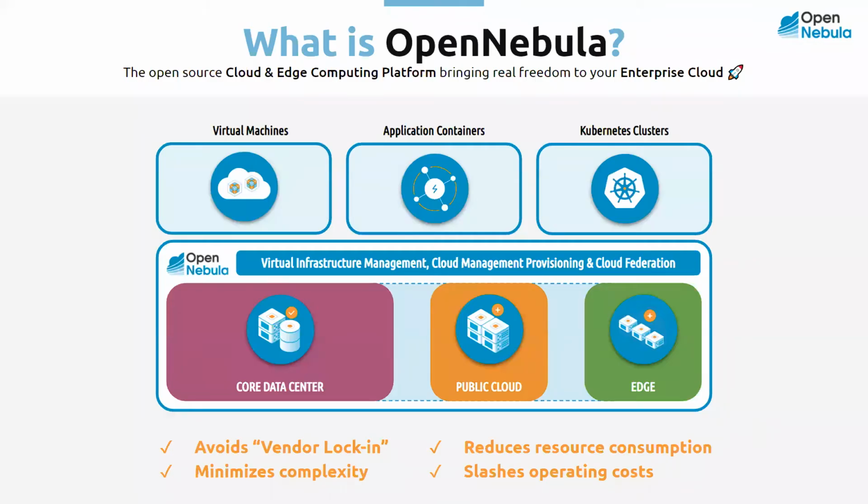So for anyone who's new to or starting out with OpenNebula, I just want to cover some basic information about the product. As Michael mentioned, OpenNebula is an open source cloud management platform. It allows you to create enterprise clouds and run any kind of workload on all different kinds of infrastructures, whether this is in your own data center or on the edge.